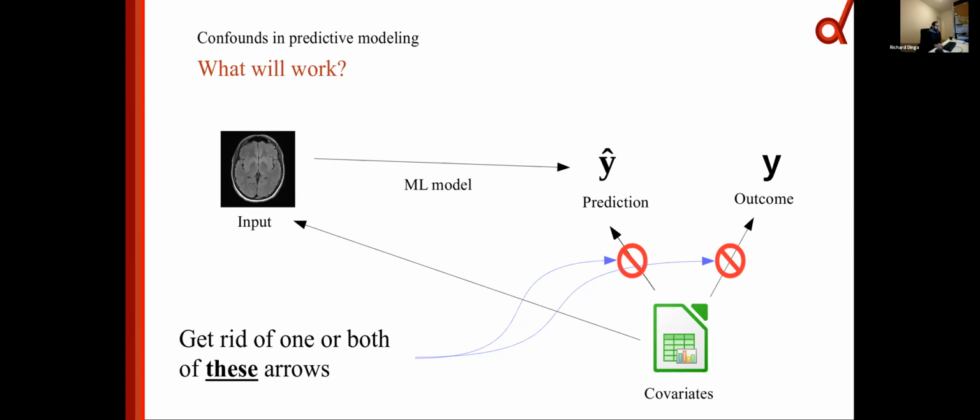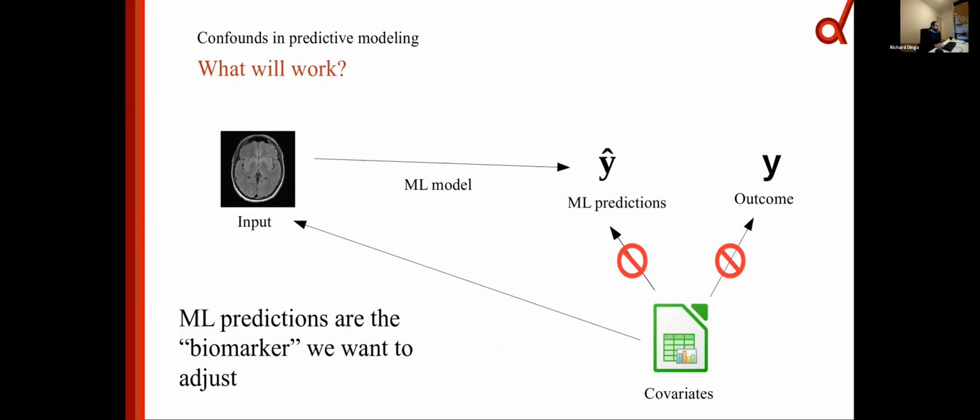And so basically what I propose everybody should do is that any method that you would use to deal with confounds for biomarkers, you can basically use with some caveats. But now the difference is that the biomarker I'm trying to adjust is not the whole image, but the predictions I already made using the machine learning model.